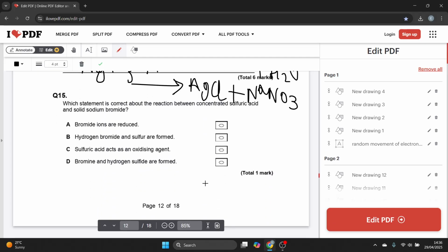Which statement is correct about the reaction between concentrated sulfuric acid and solid sodium bromide? Bromide ions are reduced, hydrogen bromide formed, sulfuric acid acts as an oxidizing agent. Does it? Yes, it does. How do I know that?